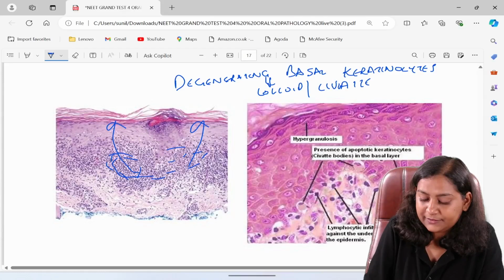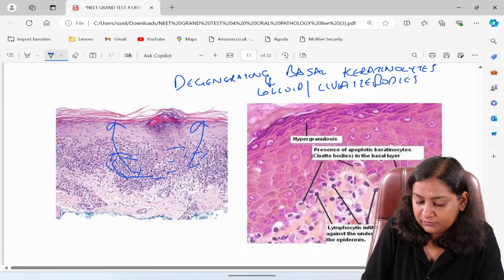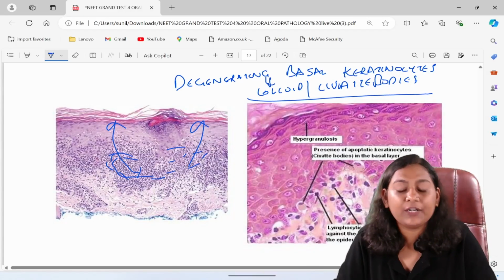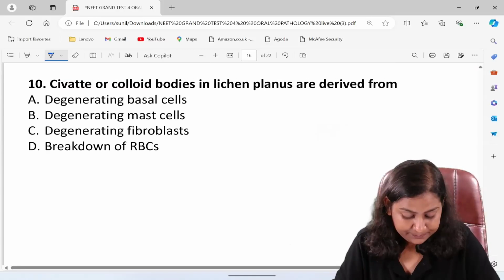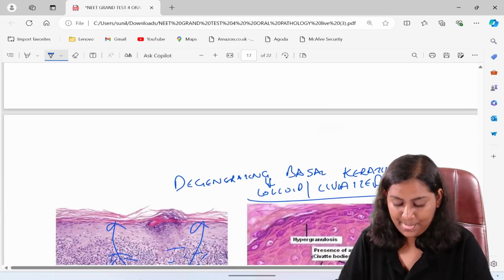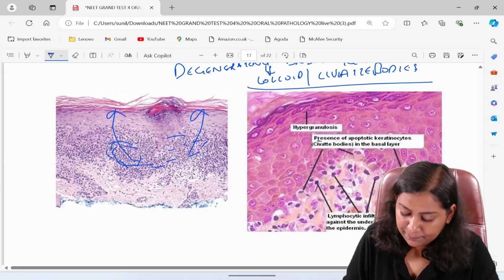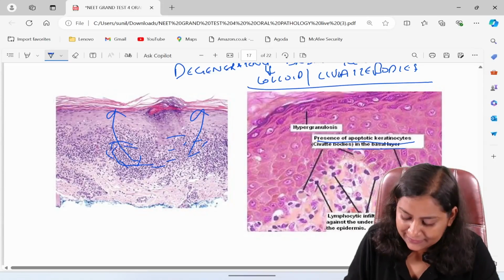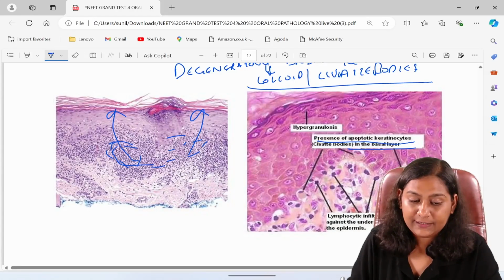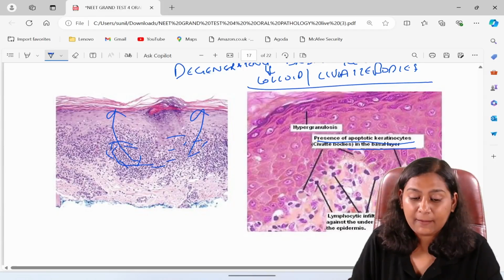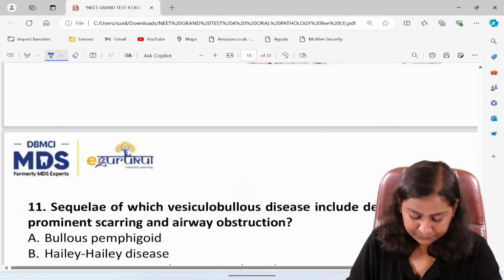I hope the doubt is clear. Okay, these are called civatte bodies or the colloid bodies. Now, what are these? Presence of apoptotic keratinocytes in the basal layer. Okay, these are degenerating basal cells.